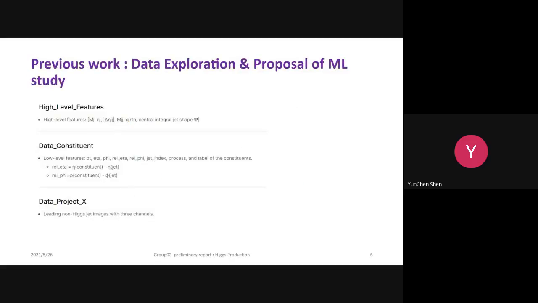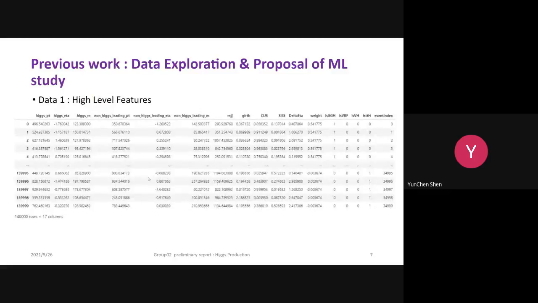Based on the previous work, there are 3 kinds of data. The first one is high-level features, the second one is data constituent, and the third one is data projection. We found out all of their structures and features. Here is the high-level features data frame.